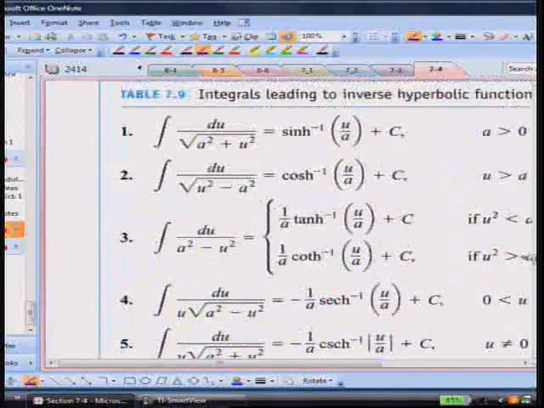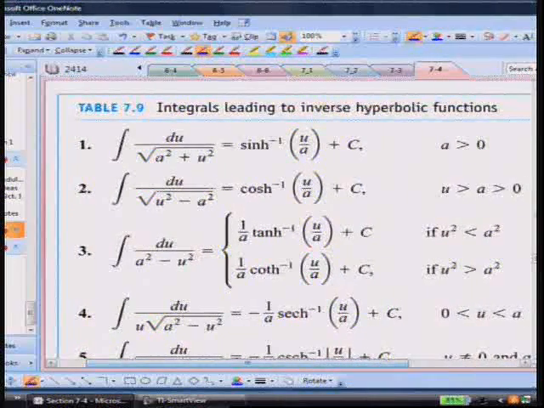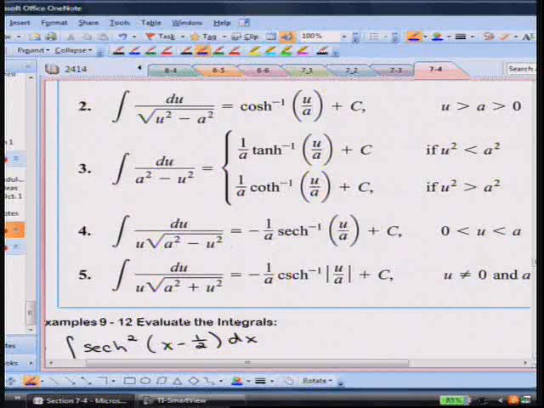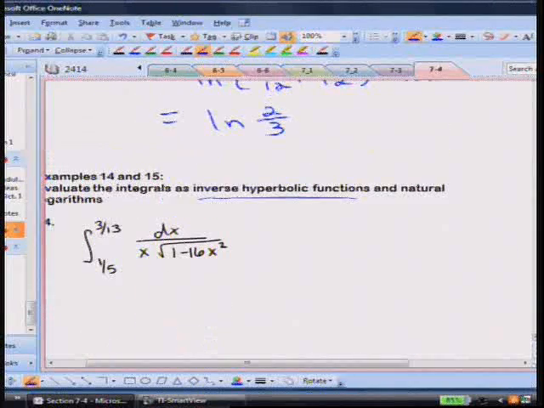If I come up here, do you see this inverse hyperbolic secant looks kind of like that one? So it's du over u square root a squared minus u squared. I think that looks about right. See, there's your u and the square root. So my a could be 1, and this is my u squared, right?